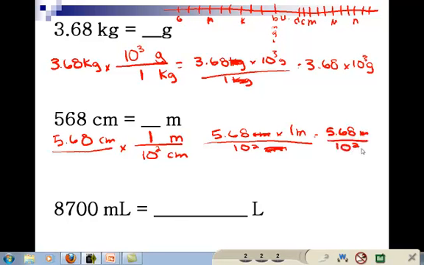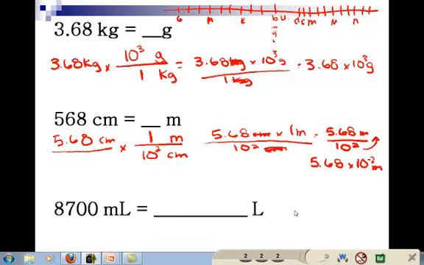Well, I can either just divide 5.68 by 10 to the second, or when I bring 10 to the second up to the numerator, my exponent becomes negative. So it becomes 5.68 times 10 to the negative second meters.